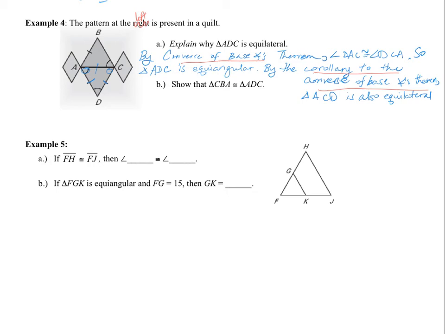Now, part B asks you to show that triangle CBA is congruent to triangle ADC.